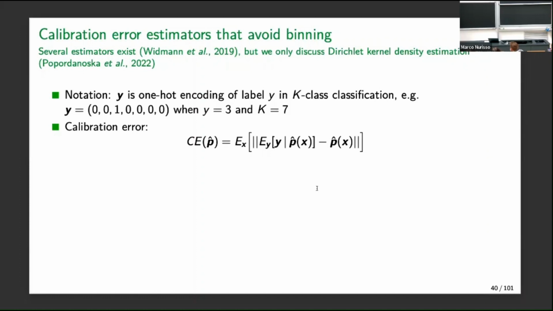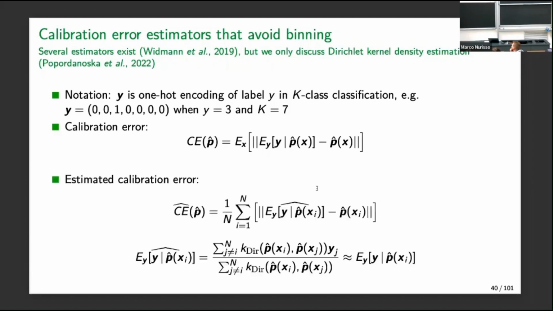This is exactly what we had on the previous slides, where it was an equality that needed to be satisfied. Here you just subtract the two from each other, and ideally you want this to be 0. So you're going to be calibrated if this quantity is 0. But it's again a quantity on the population level, so we don't have access to the underlying distribution, and this cannot be computed. So how can this then be estimated?